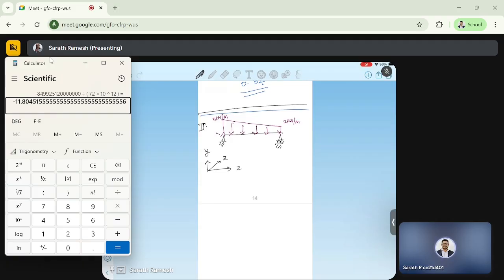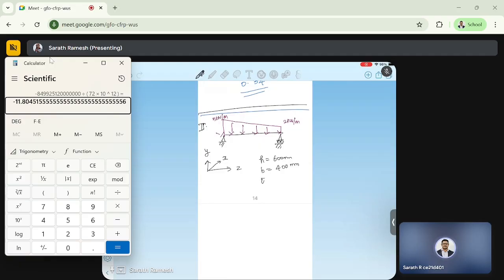Okay, so MZ will become MX, and it will be swapped with whatever derivation that we have derived. So we have to be a little cautious there. And the other properties are same. That is, H is equal to 600 mm, B is equal to 400 mm, so that H by B is equal to 1.5.